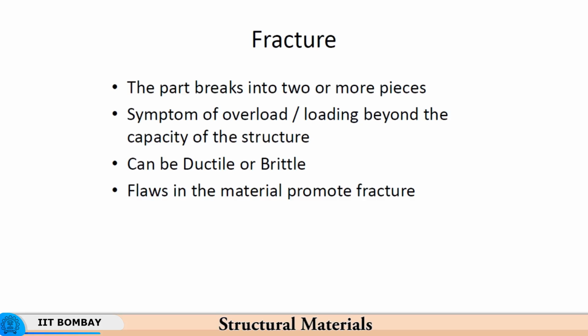Failure might happen even if the structure is intact, the integrity is preserved, but in fracture the integrity is completely destroyed. So, the part breaks into two or more pieces, and it can happen if the overload is excessive in nature.